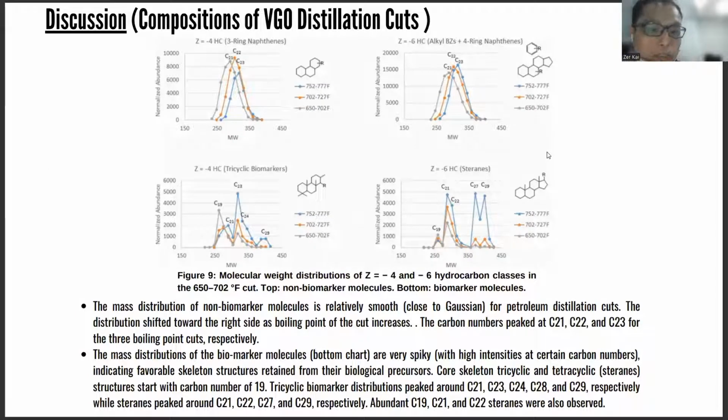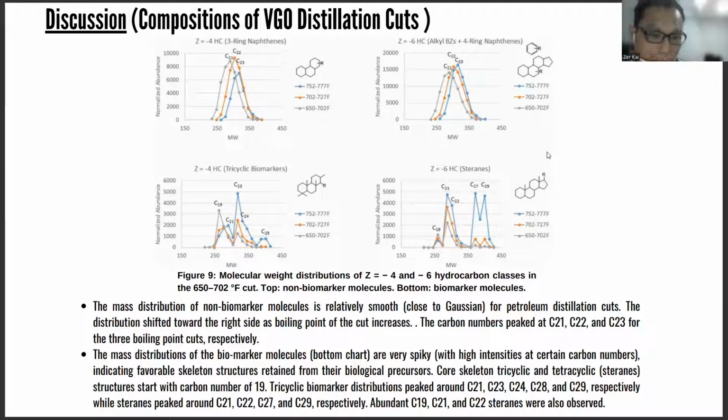The figure shows the molecular weight distribution of Z equal to -4 and -6 hydrocarbon classes in the 650 to 702 degree Fahrenheit cut. Top is non-biomarker molecules, bottom is biomarker molecules.